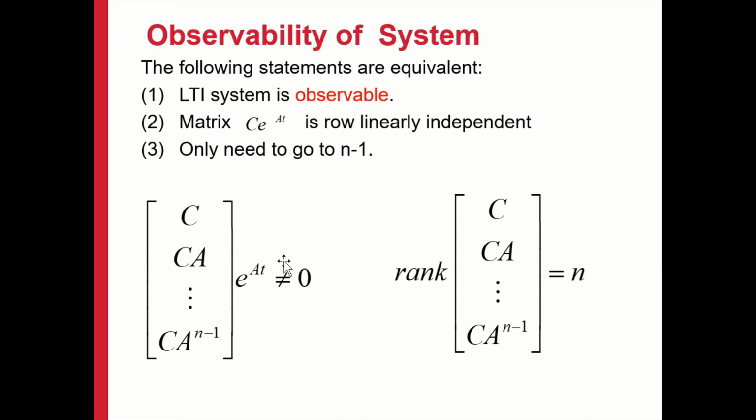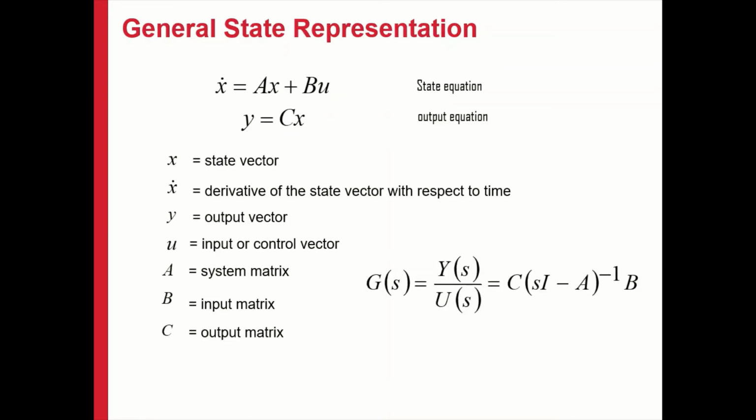So C, CA, CA squared, down to CA to the n minus 1, and if the rank of this is equal to n, then the system is fully observable. So this gives us our observability test: form that matrix, and if its rank is n, then the system is observable.